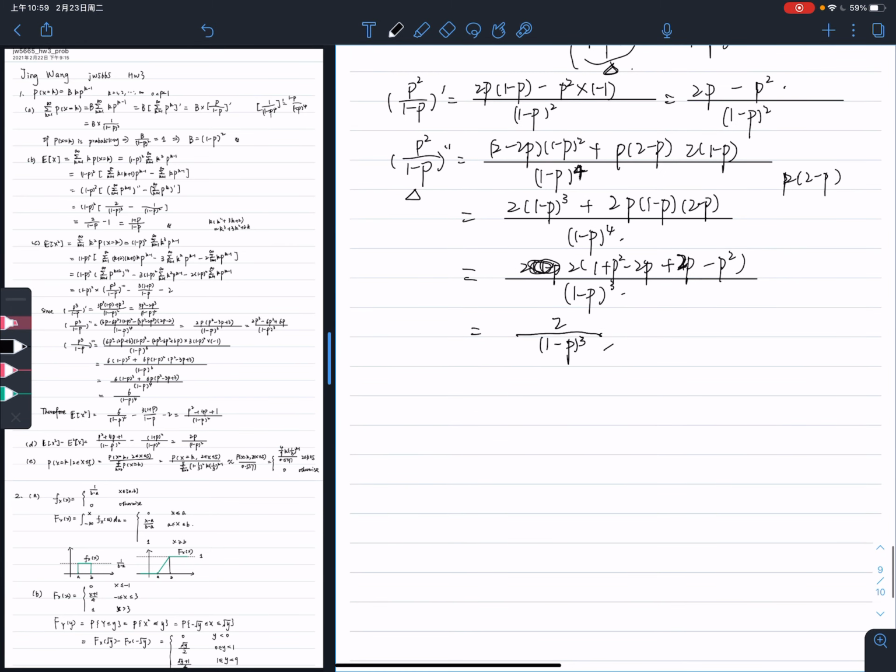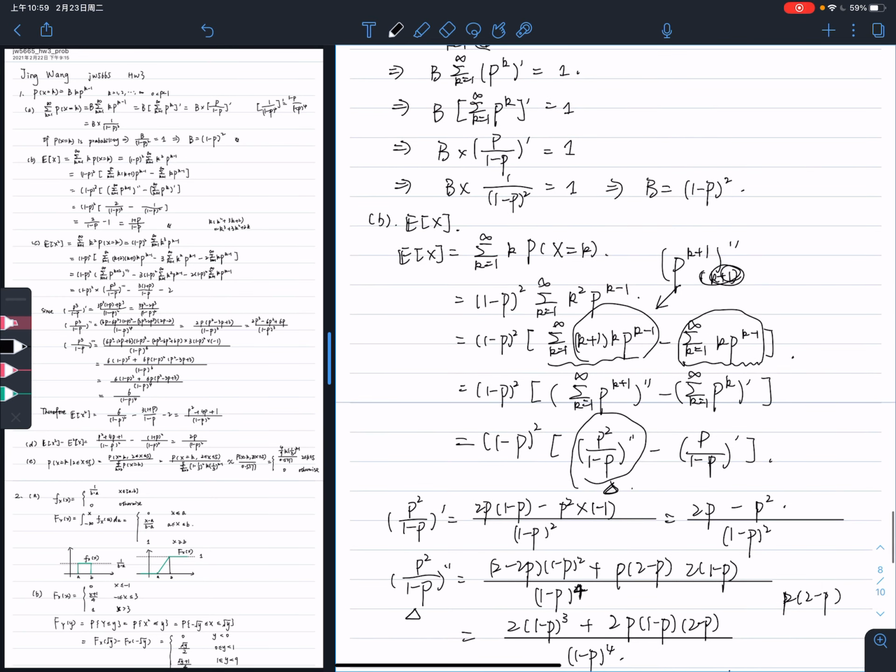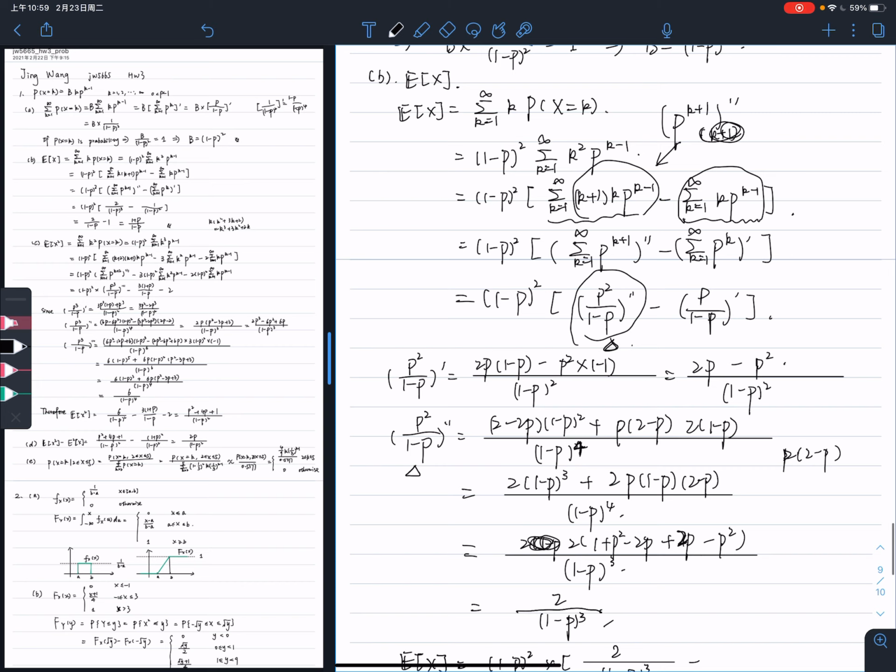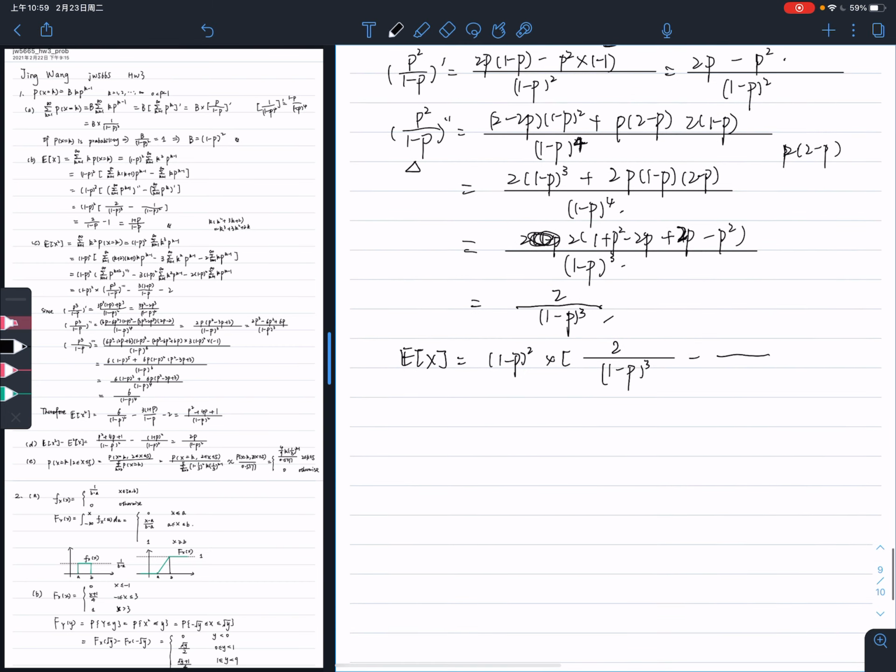So the expected value of random variable x is equal to (1 minus p) squared times 2 over (1 minus p) cubed, minus (1 minus p) squared over (1 minus p) squared.